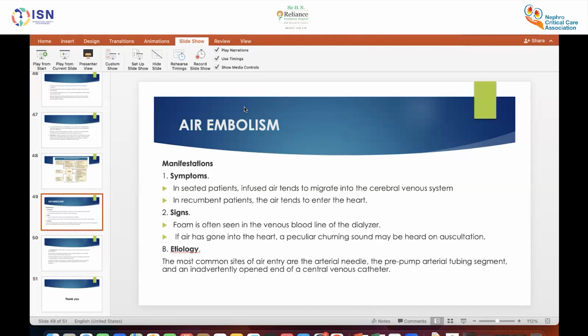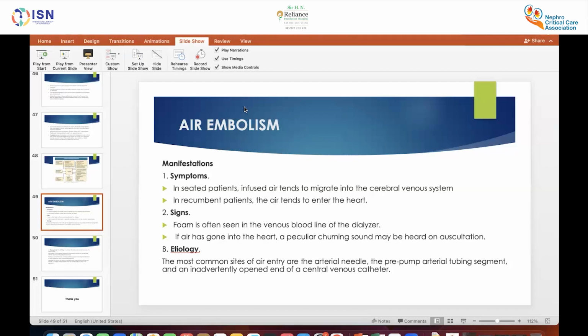But here, what good thing we have done nowadays in Reliance is that we are using collapsing chambers. Correct. There is no way you can put any needle inside to puncture it. So air can go inside if you have not clamped it properly and cause air embolism.